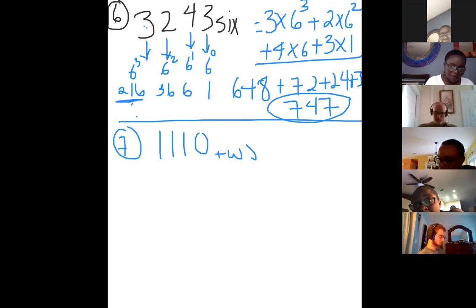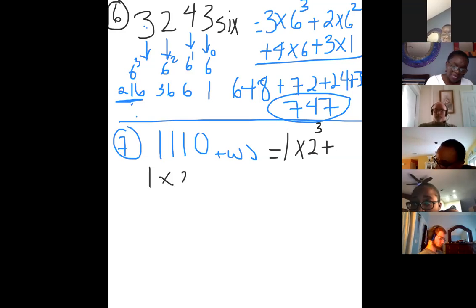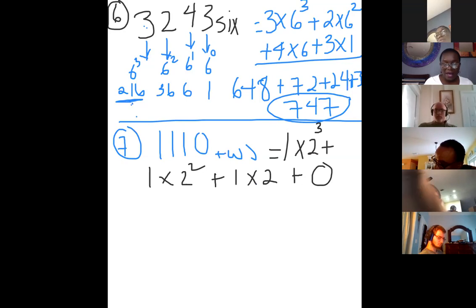So for the place values, we have 2 to the 0, 2 to the first, 2 to the second, 2 to the third. So when you write this one out, you're going to write it out as 1 times 2 to the third plus 1 times 2 to the second plus 1 times 2 plus, you could put the 0 there, but you really don't have to.